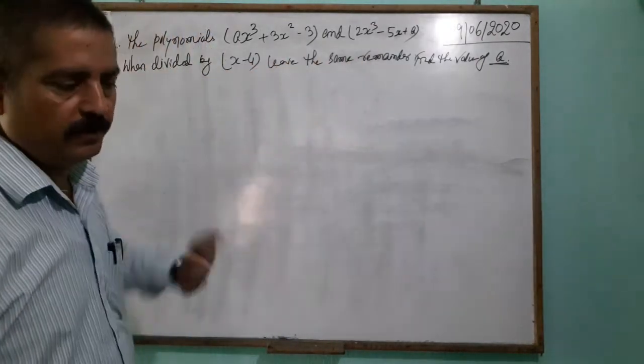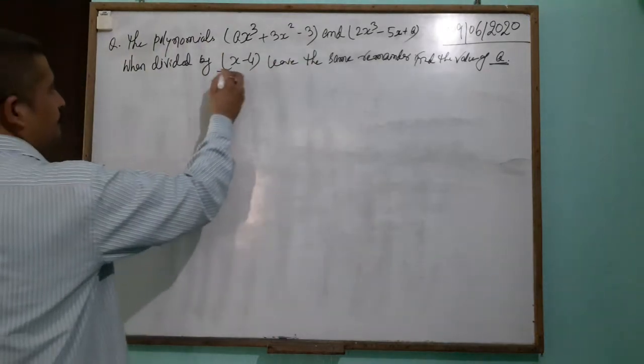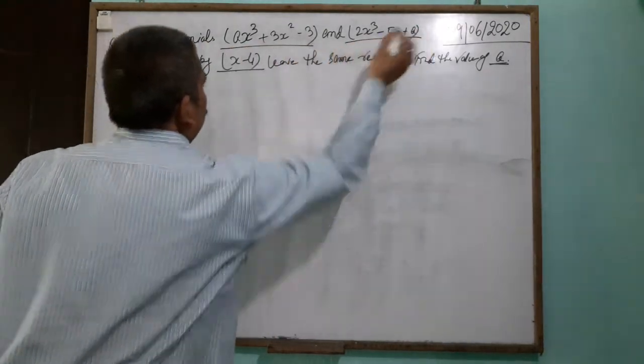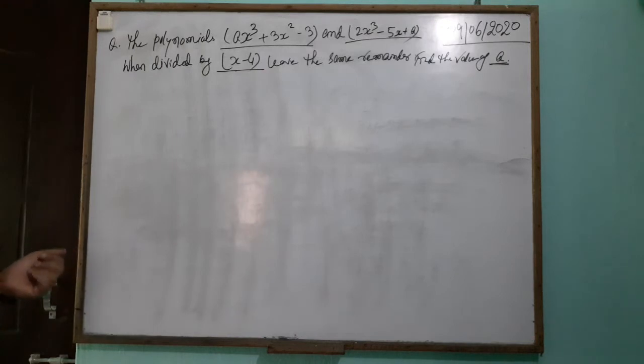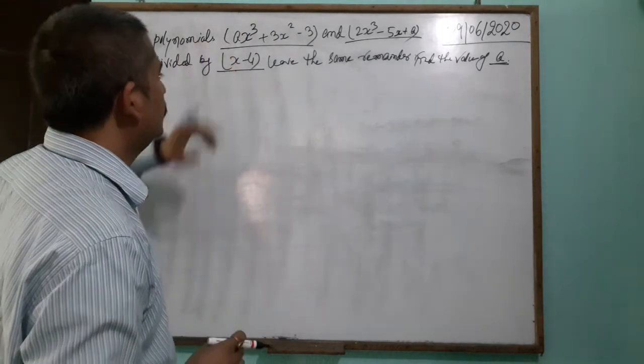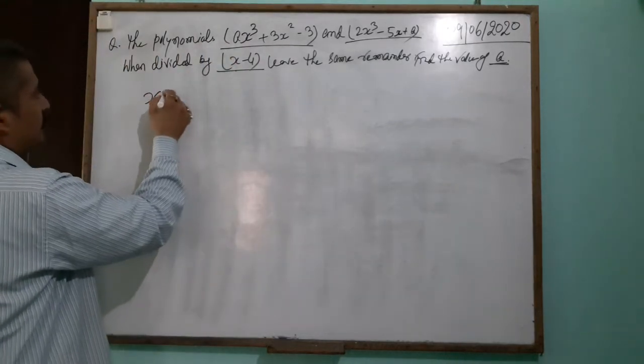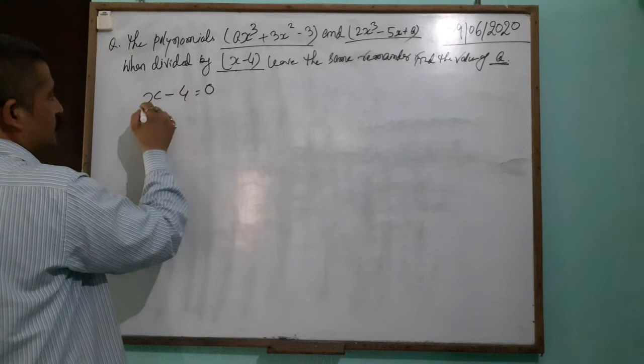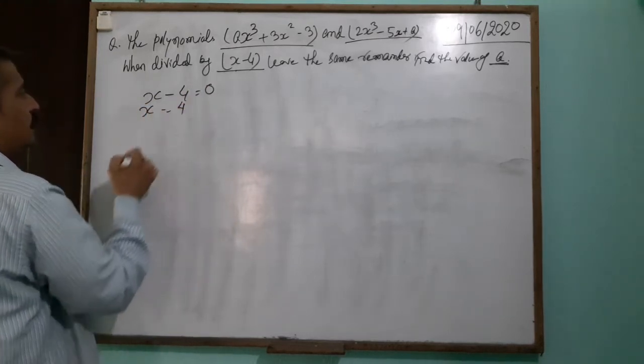Remainder means, you know very well, division. Either way you can use the long division method or by putting the value. As a shortcut, we put x minus 4 equal to 0, so x is equal to 4.